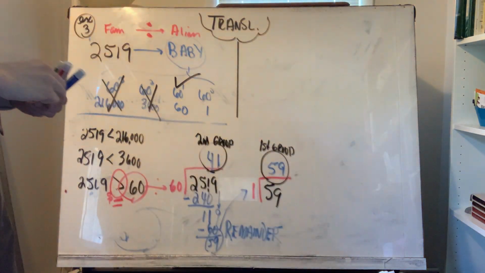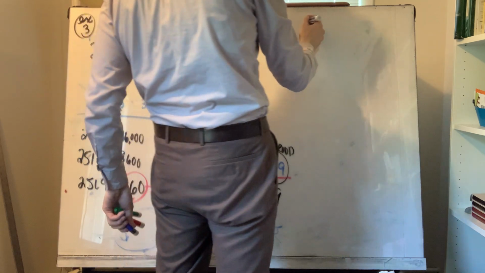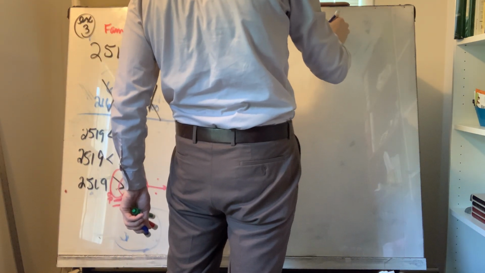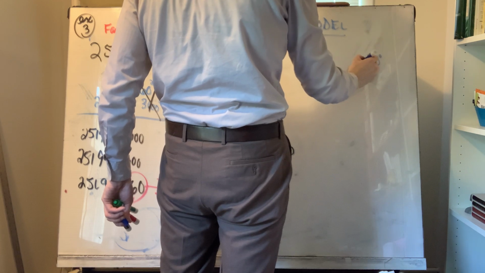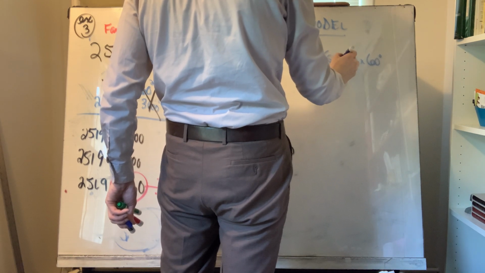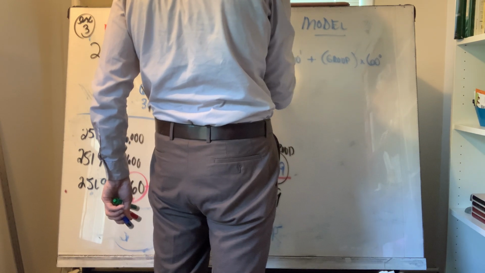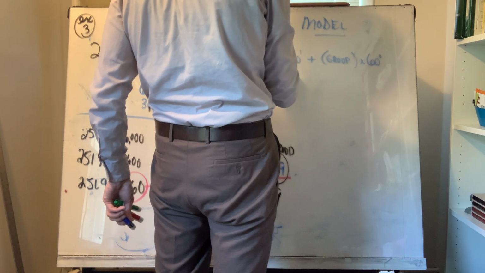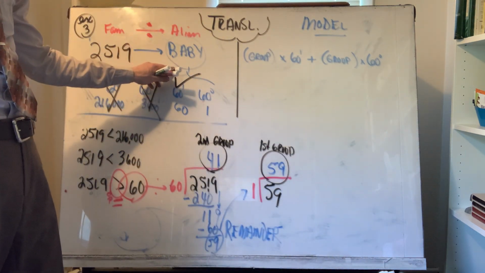Okay. So if the model that we have to work with, as discussed from earlier, looks like this, 60 to the 0 times a group plus 60 to the first times a group. We don't actually have to multiply because we're going from an ordinary number to the alien system.